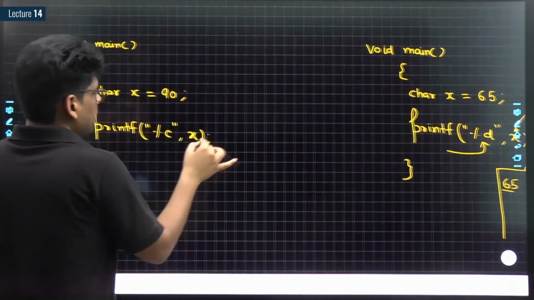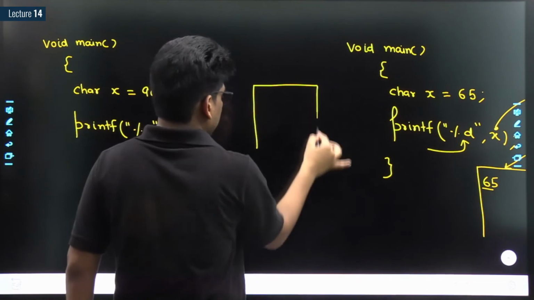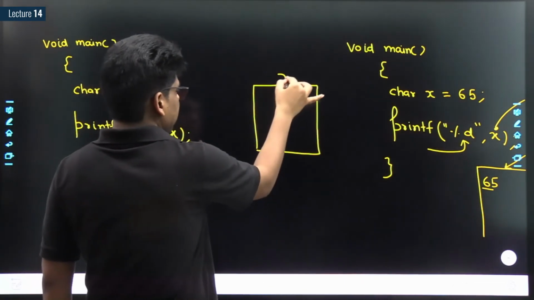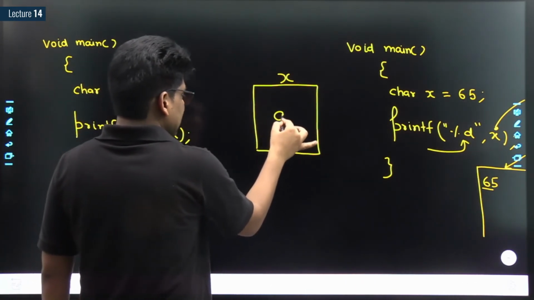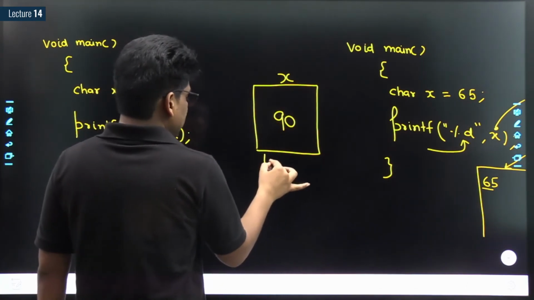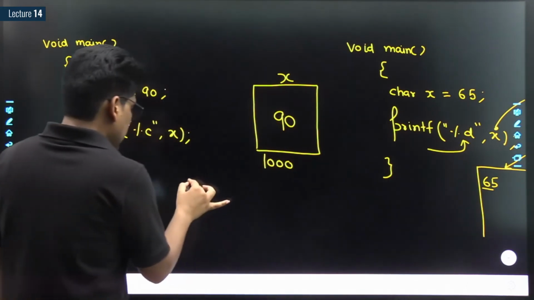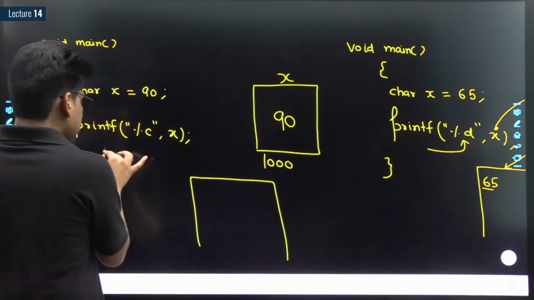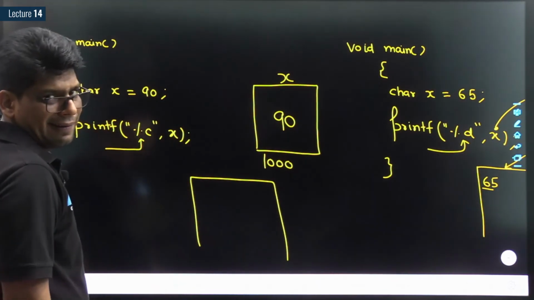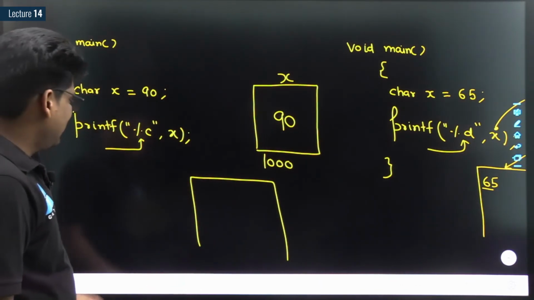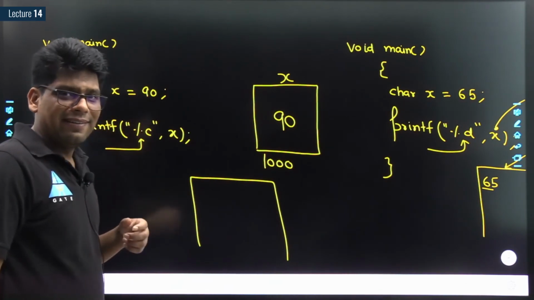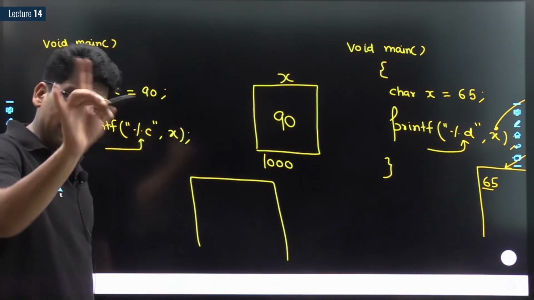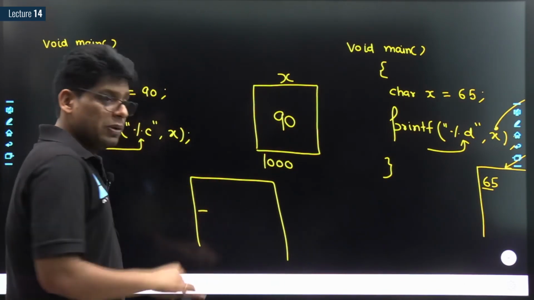Sir, what will happen? With the first line, some variable x is created. Inside x, 90 is stored at some address. But now, what are we saying to the compiler? Oh compiler, what is to be printed? A number or a symbol? A symbol is to be printed.